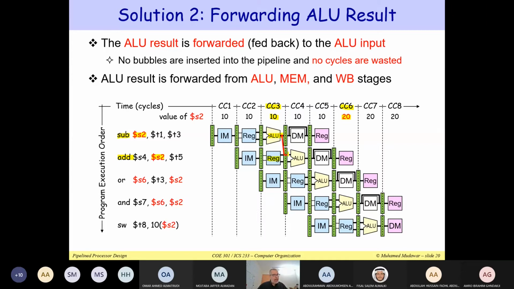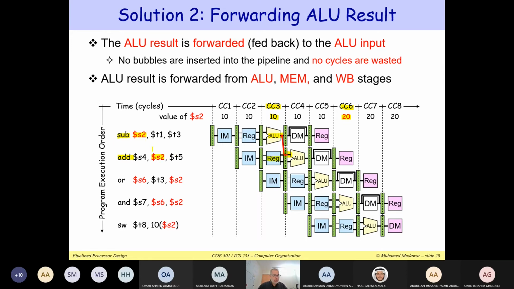So we need to have now an extra bus, or more than one bus in fact, inside our pipeline that allows the output of the ALU. Notice this red line here indicating that the output of the ALU is fed back to the input of the ALU. Now, this is the first input of the ALU here, right? And this is because S2 is the first source operand.